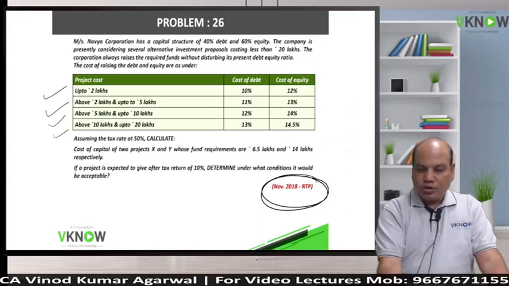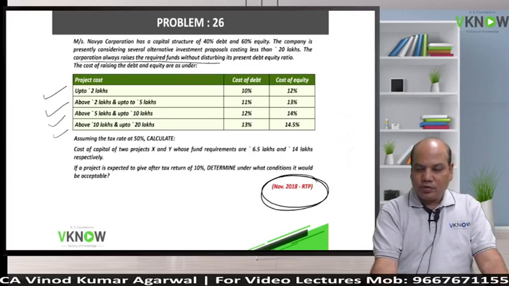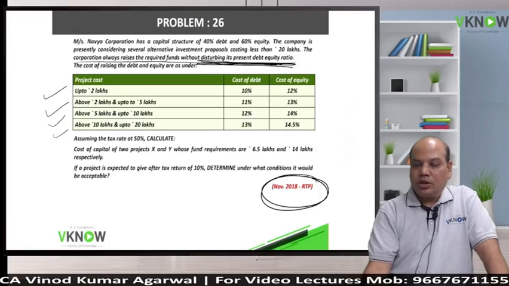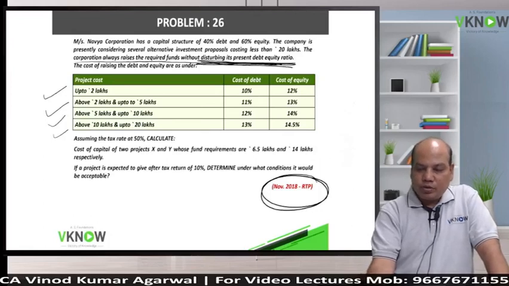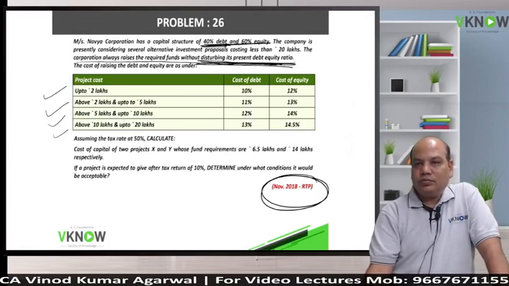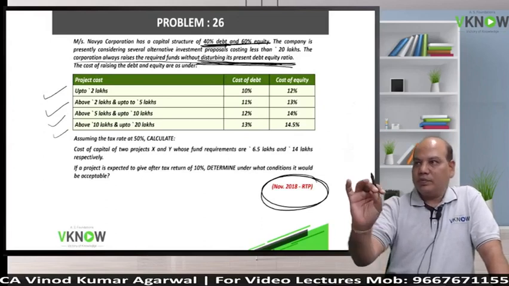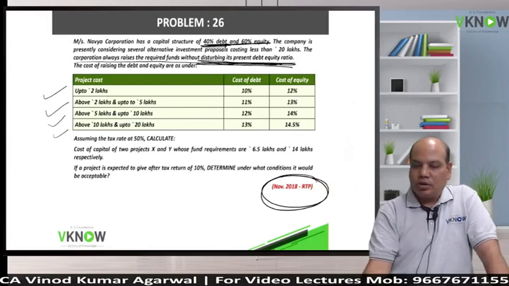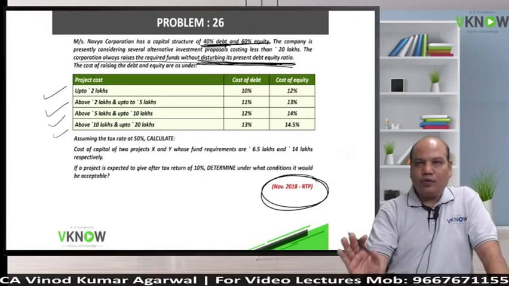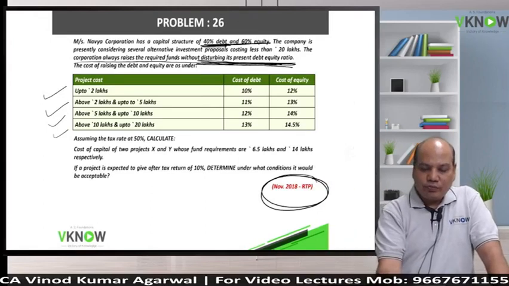The corporation always raises the required funds without disturbing its present debt equity ratio. Underline. It means whenever they raise funds, they will maintain this ratio. Some companies follow this policy of using a certain percentage of debt and a certain percentage of equity. This company follows a 40-60 ratio.